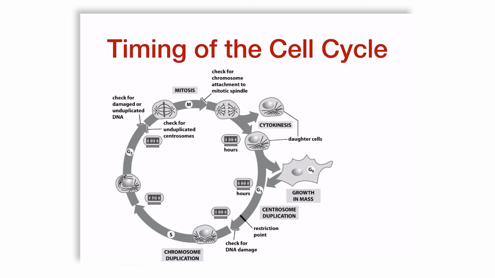would be chaotic were it not for the fact that there are multiple checkpoints. And these checkpoints, for example, from M to G1 phase, ensure that the chromosomes are attached, otherwise you will have aneuploidy.